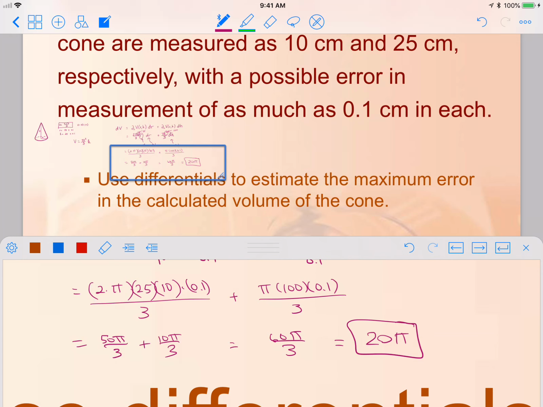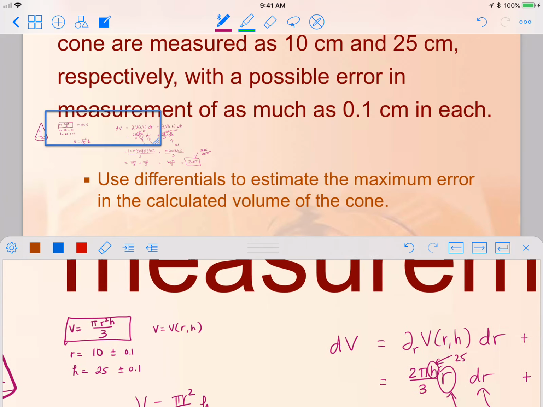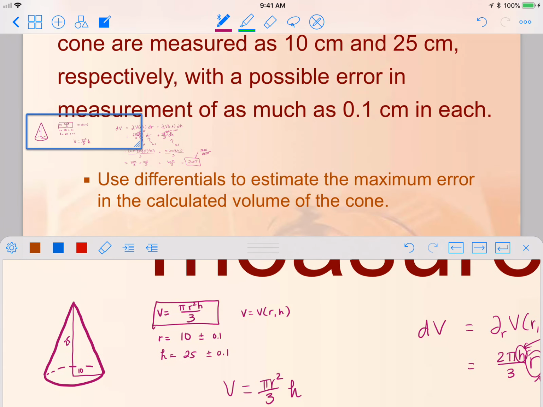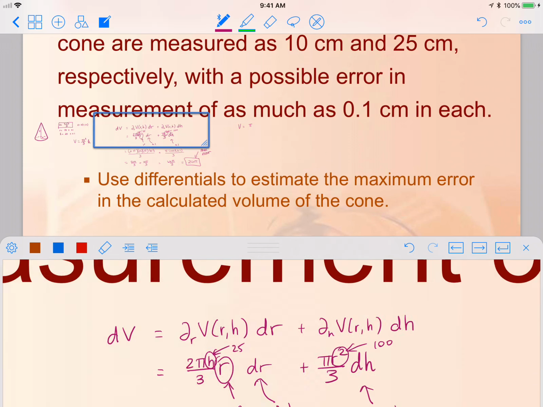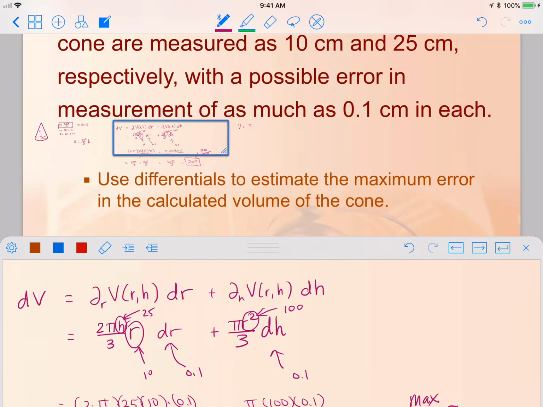Now, just to get an idea, if we use 10 as our radius and 25 as our height, what's our formula? Pi r squared h over 3.